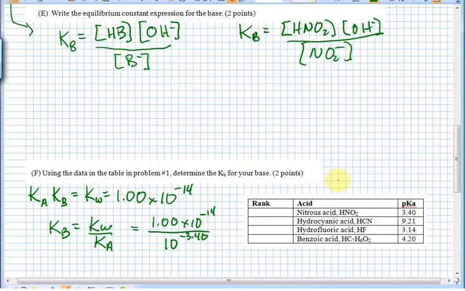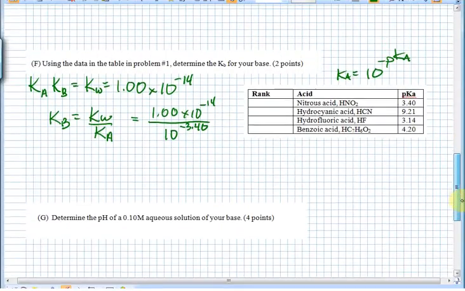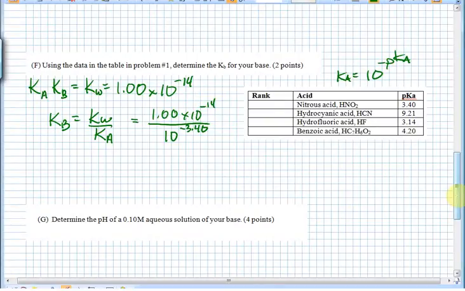Again, Ka equals 10 raised to the minus pKa. Just like you would get hydrogen ion from pH, this is how you get Ka from pKa. If we do that calculation, the Kb for our nitrite ion is going to be a relatively small 6.3 times 10 to the minus 9th.